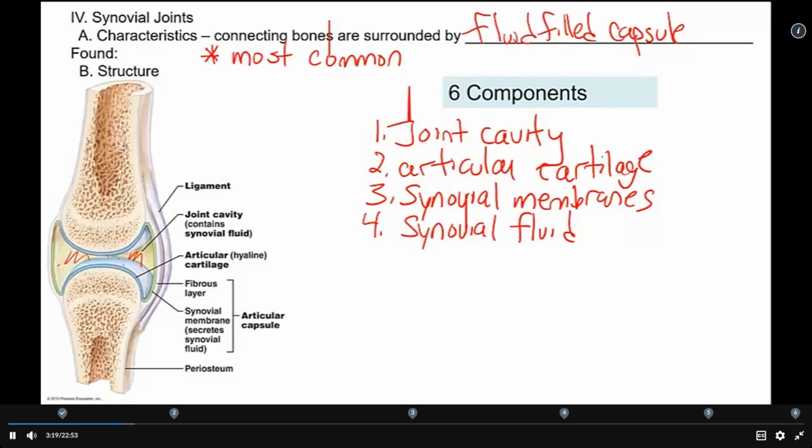Now, synovial fluid has the consistency of egg whites. So it's very gooey, a little bit viscous. However, when the joints are in motion, such as during exercise, the fluid heats up and becomes thinner and less viscous and becomes a very good lubricant.